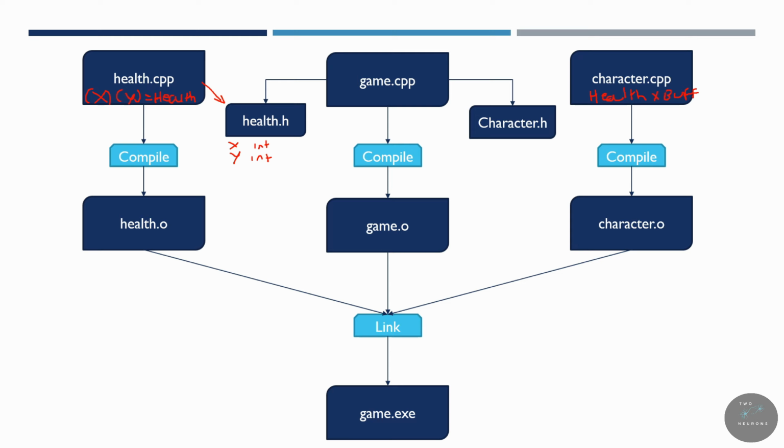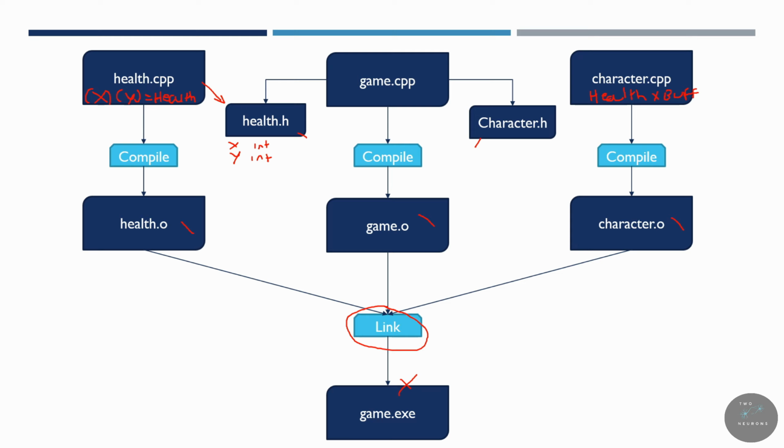When we compile it, the compiler will create an object file for our health, an object file for our game, and an object file for our character. Because our game object file, our main file, includes links to our health and our character in the headers here and here, it's then going to link them down here using a standard runtime library and bring them together in our final file, the executable file, our game.exe.